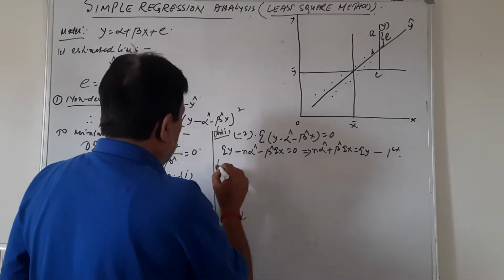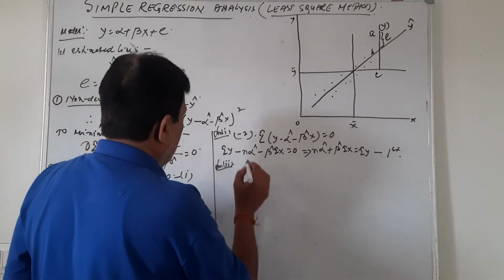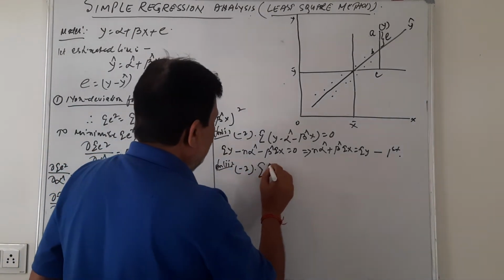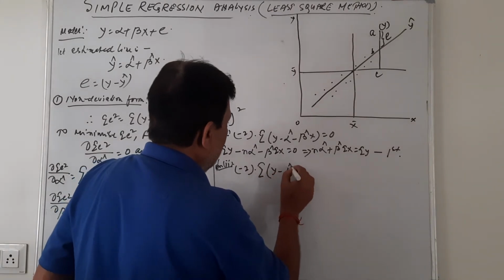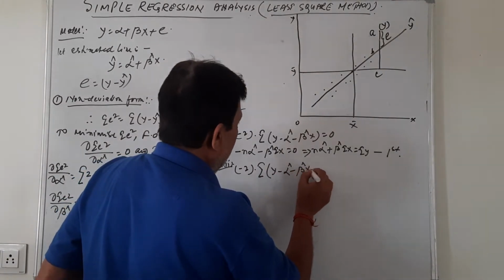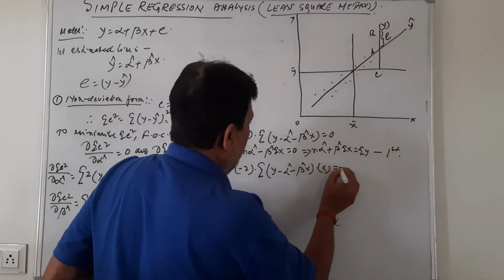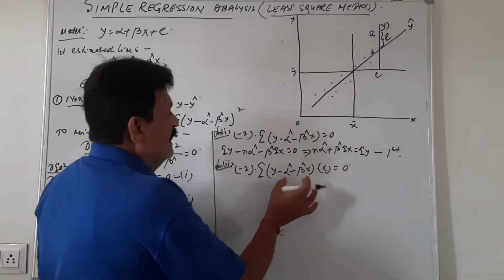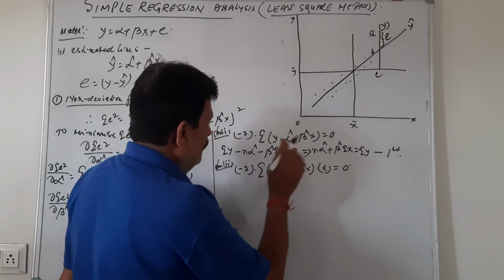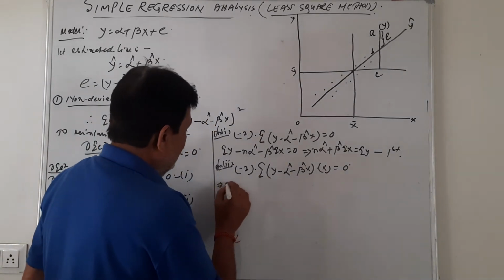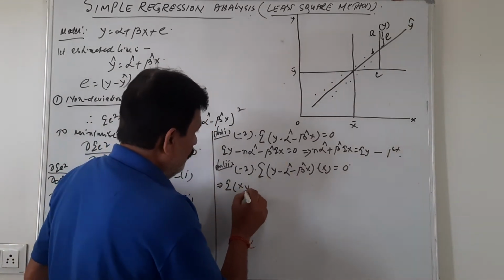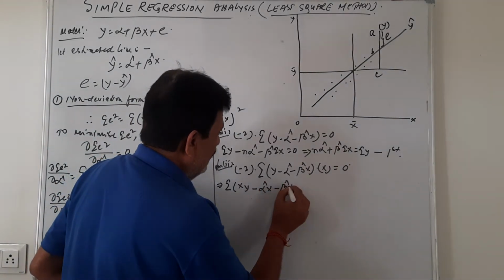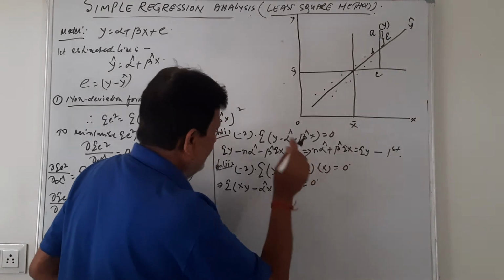Now from 2, once again minus 2 is taken outside. So inside the summation sign we have (y minus alpha cap minus beta cap x) into x equals 0. Once again, minus 2 is ignored. So these three terms have to be multiplied by x. So this is summation (xy minus alpha cap x minus beta cap x square) equals 0.